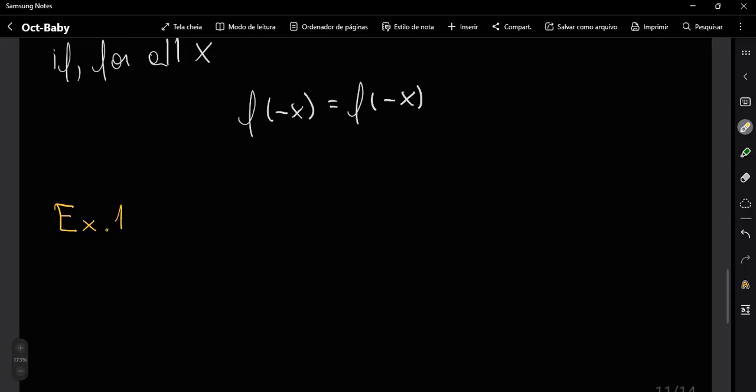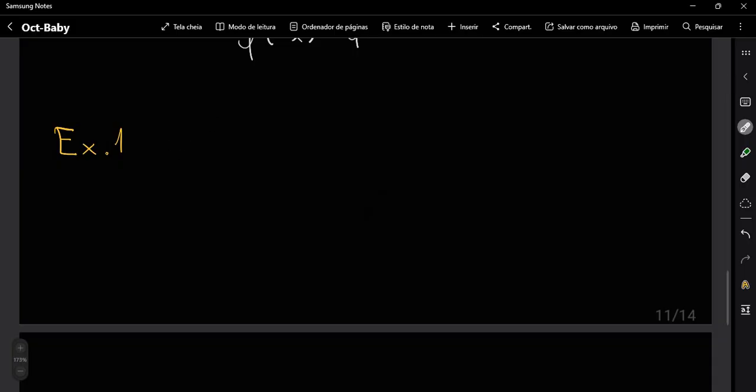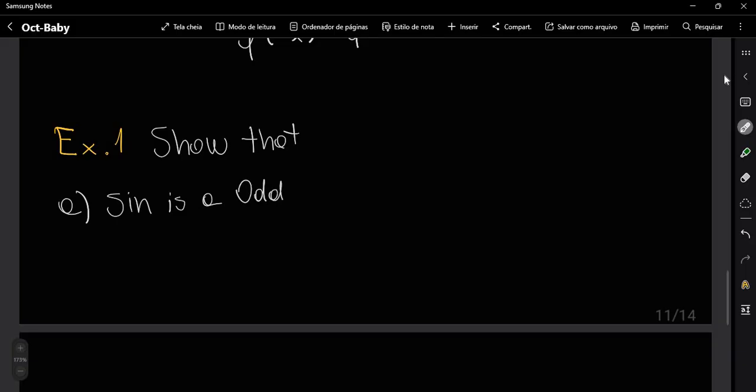Okay, so let's solve this example, and let me also indicate the number of the example. So it is example number 1. Okay, so show that sine is an odd function. So doing in 3.